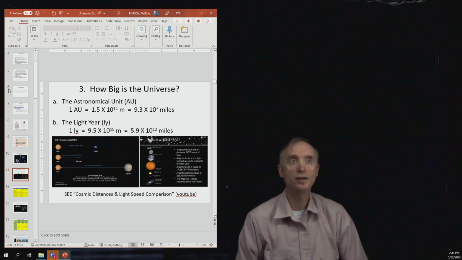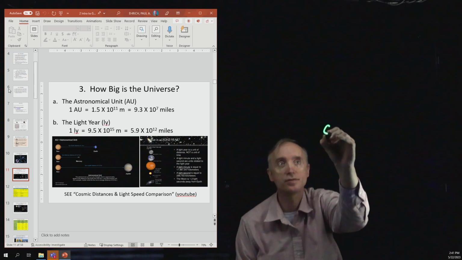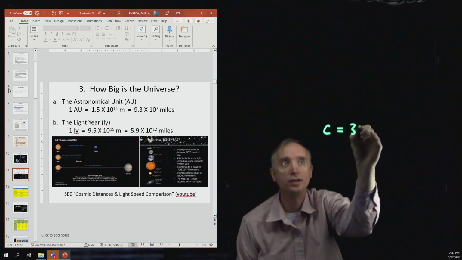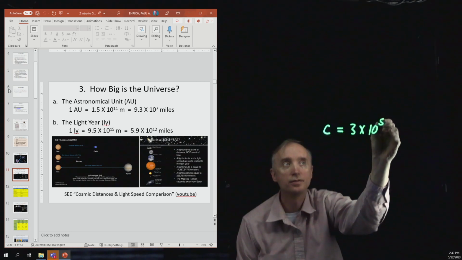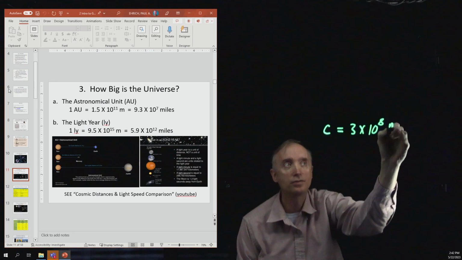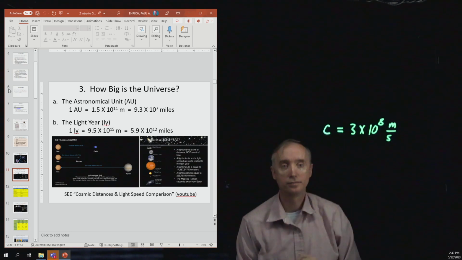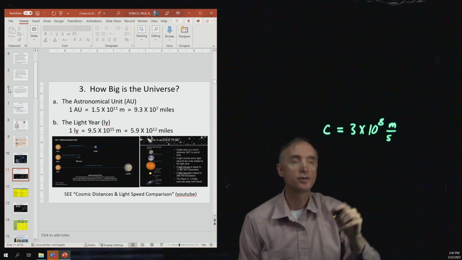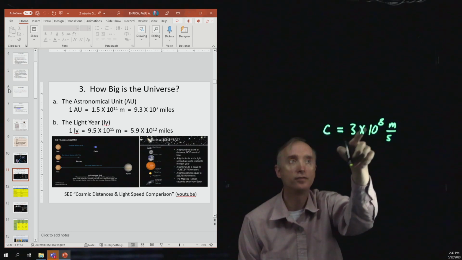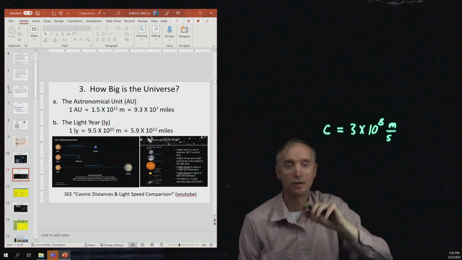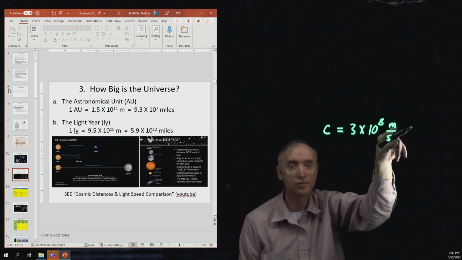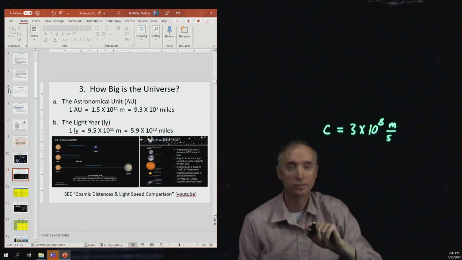The speed of light is given by the letter c, and it is equal to 3 times 10 to the 8th meters per second. So that's how fast light can travel. That's a 3 followed by 8 zeros, and it can cover that distance in meters per second.